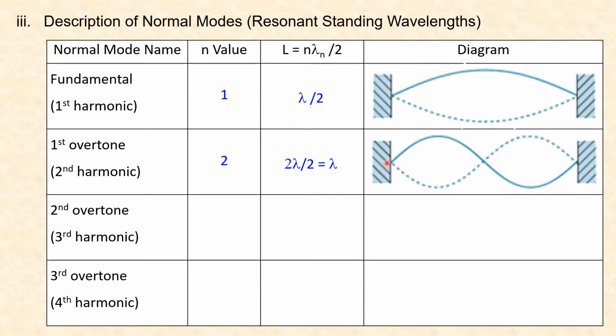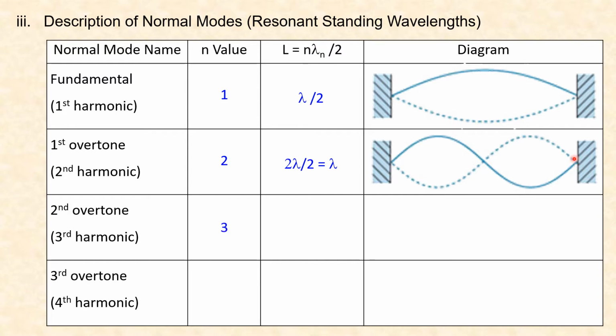You'll clearly see here that we have to have nodes at the ends because the string is fixed, but now we have a node in the middle. Of course, in between any two nodes we have an antinode. And if you look at this, this corresponds to 1 wavelength. So this is the next highest frequency standing wave.